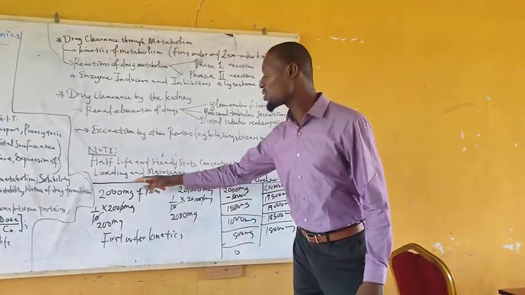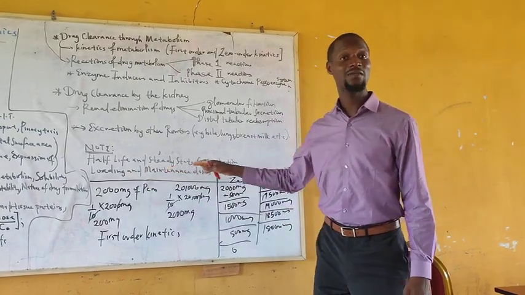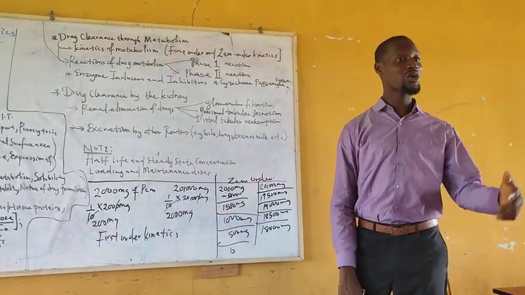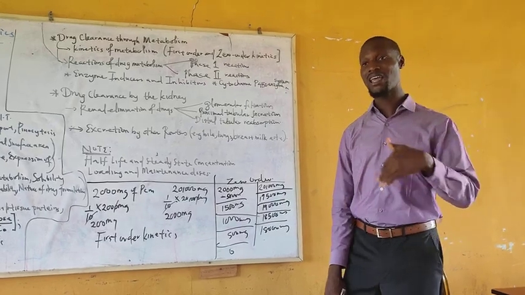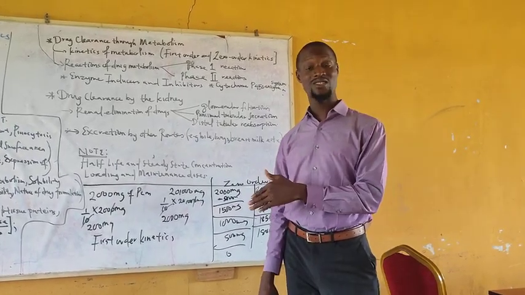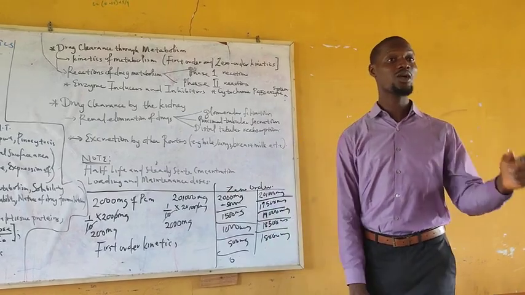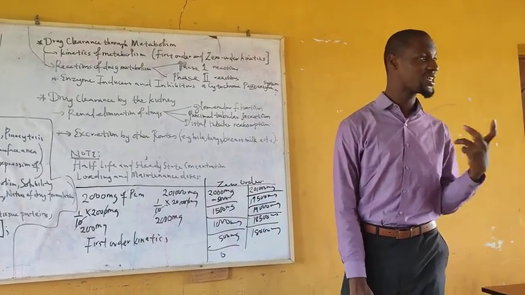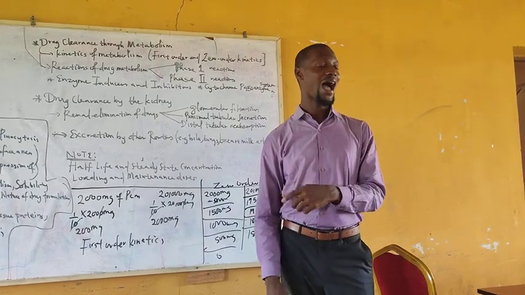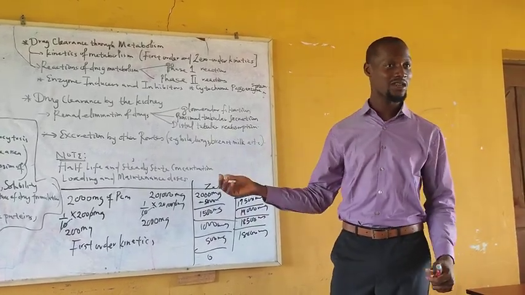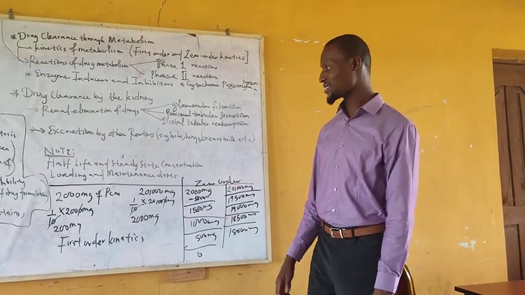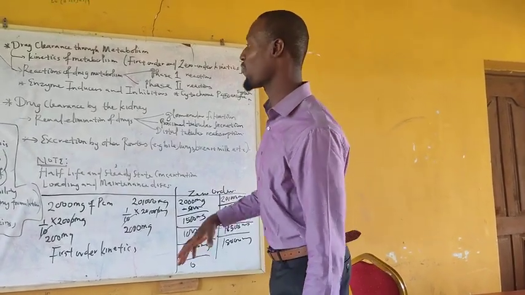This is why we give the loading dose and the maintenance dose. Usually the loading dose is about twice the maintenance dose. You give this so that we can quickly achieve a therapeutic level of that drug. The maintenance dose is probably about half of the loading dose. I think we should stop here for pharmacokinetics.